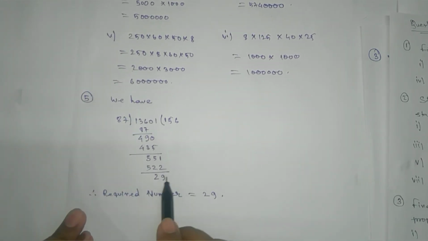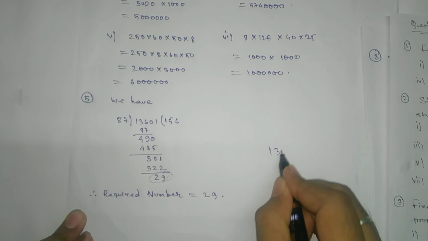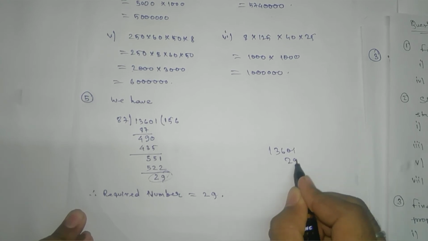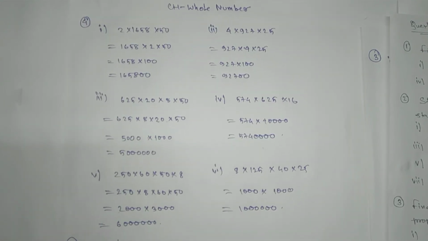We'll get our remainder, and that will be our required answer. So if we subtract this 29 from 13601, whatever answer you get, that will be exactly divisible by 87. And here is your fourth number, look at the fourth number, take your time, do it yourself, and then match your answer. Okay, I hope it is clear to you.